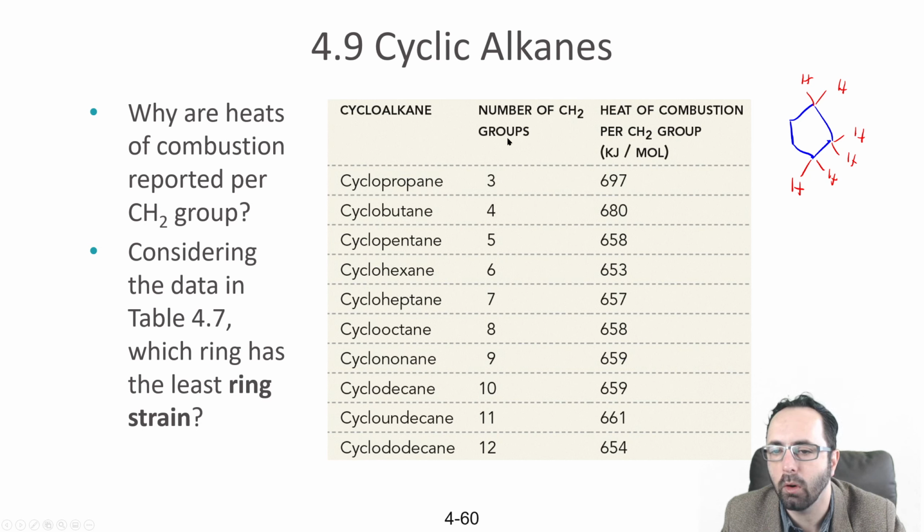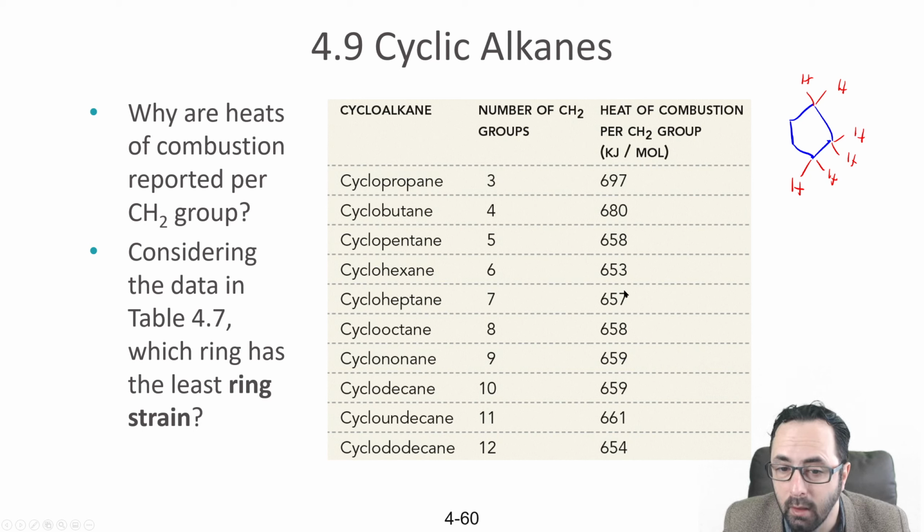You can see that the energy of combustion is the highest for cyclopropane. It's less for cyclobutane, less for cyclopentane, less for cyclohexane, but then it rises again in cycloheptane. This indicates that cyclohexane has the lowest ring strain, and cyclopentane is very close. Then it starts getting larger. Once it gets to cyclodecane, it drops again.